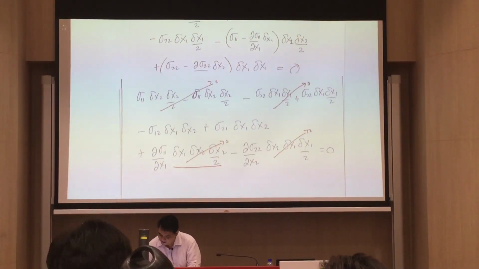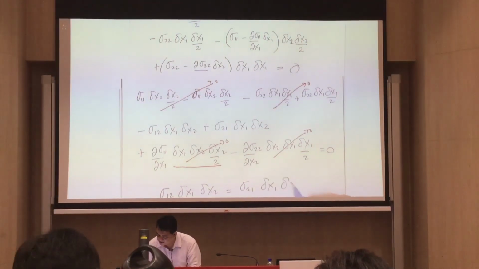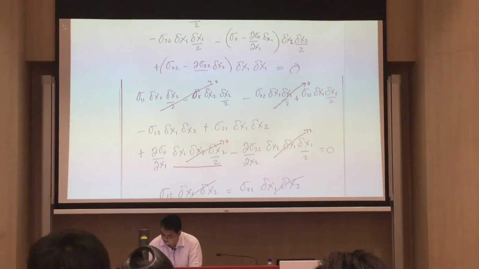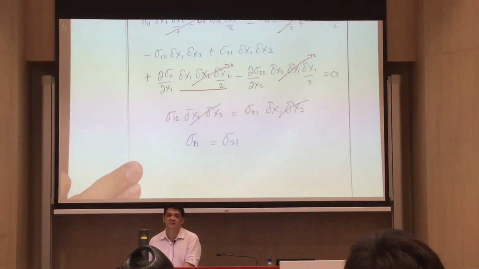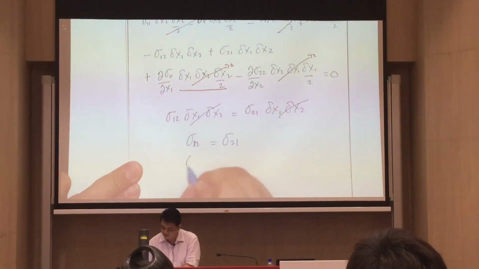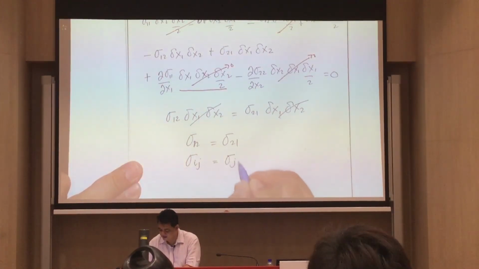So you end up now with sigma 1,2 delta x1 delta x2 equal to sigma 2,1 delta x1 delta x2. Cancel that out. Sigma 1,2 equal to sigma 2,1. Sigma ij equal to sigma ji.